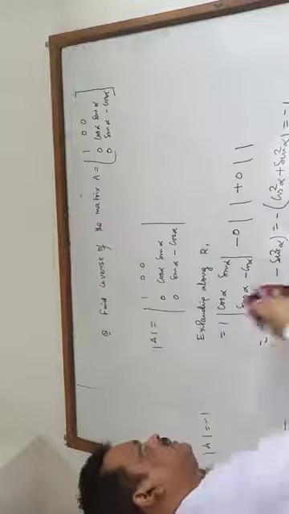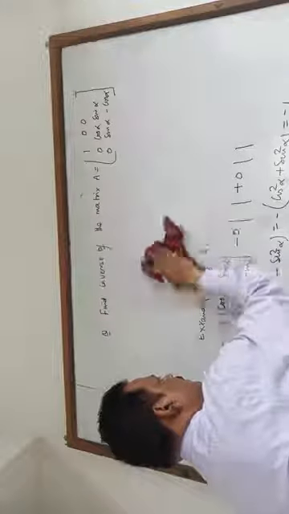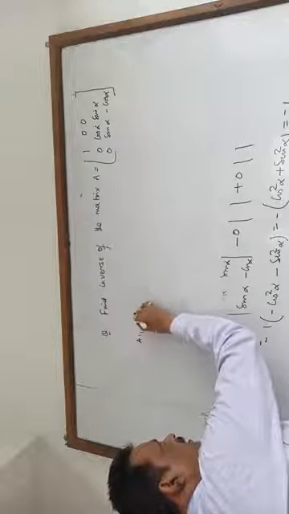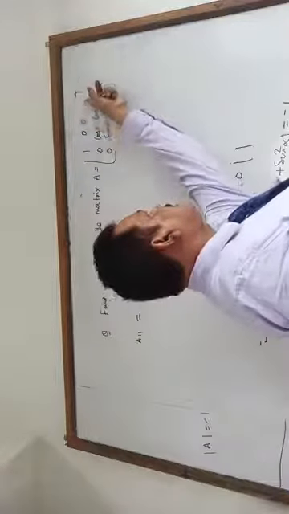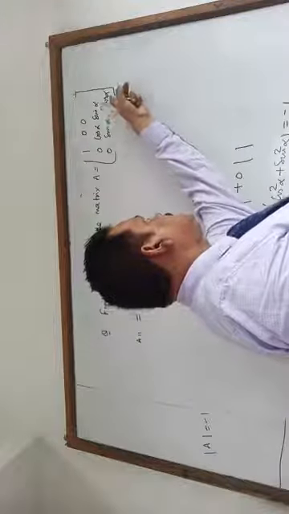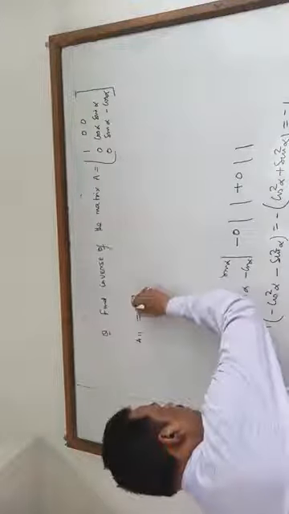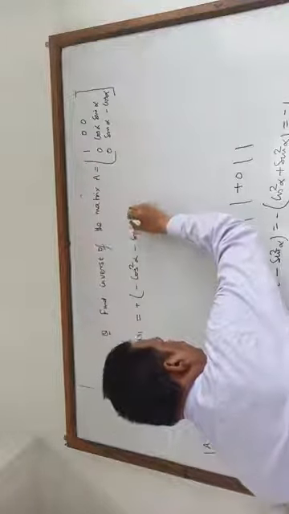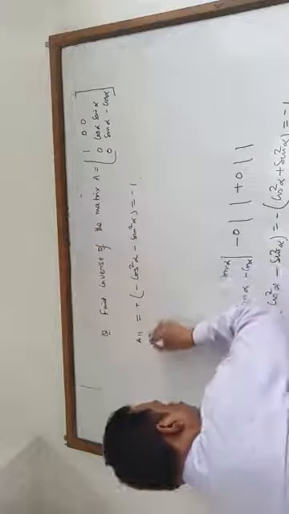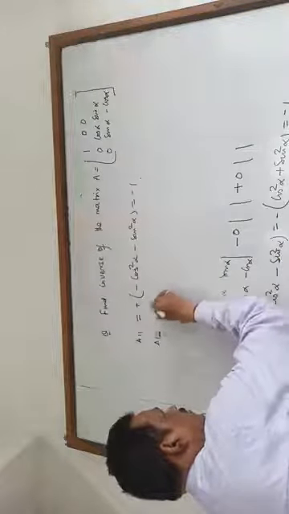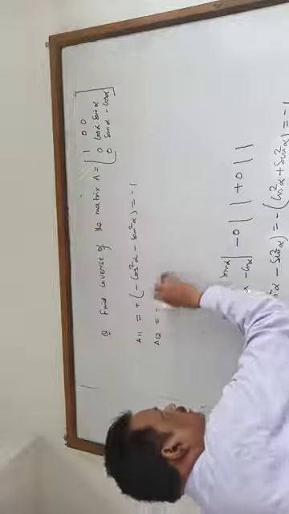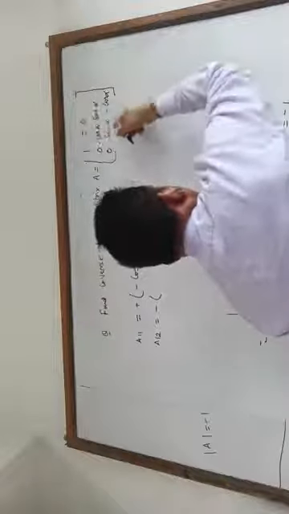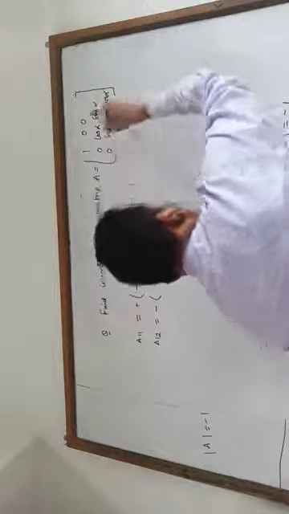Okay. Now let's find its cofactors. First A11. Directly you find out. Forget this line, forget this line. This into this, minus cos square alpha minus sin square alpha. That is minus 1. A12. Minus sign, because 1 plus 2 is an odd number. Which place? This place. Forget these two. So what you get? 0 into this minus 0 into this.